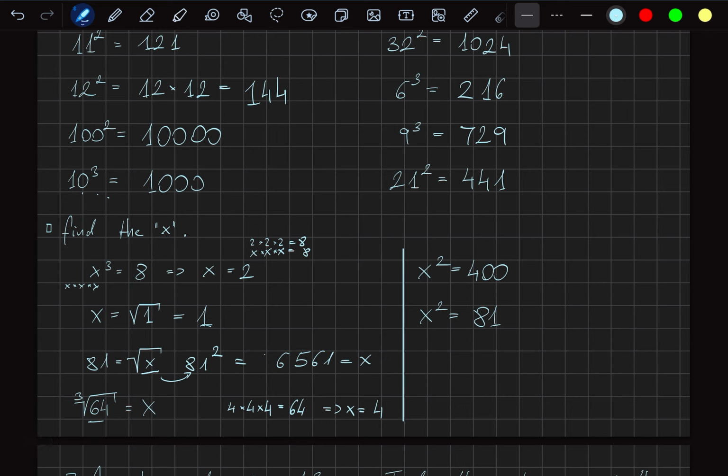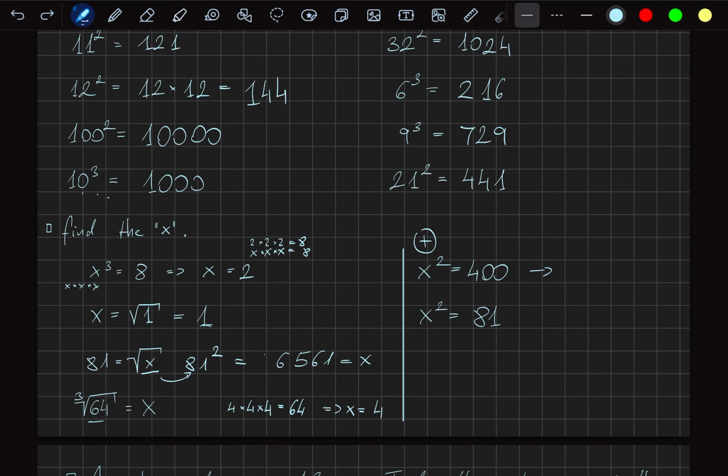And here is the little plus thing, the negative numbers also. Okay, so here, what is the number that I will multiply by itself, and it will give the 400 and the other the 81?